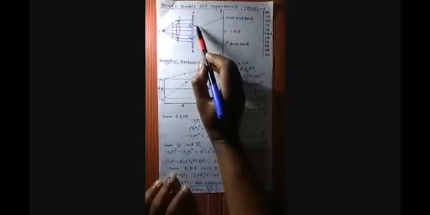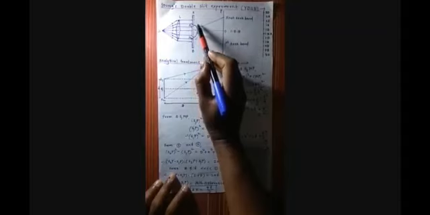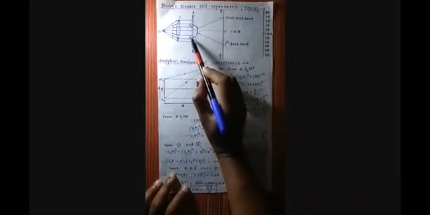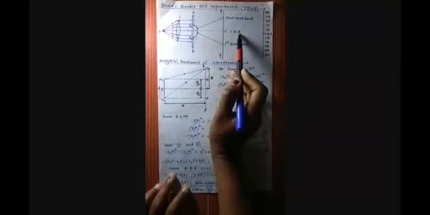Now, for example, if this dotted semicircle represents the crest of the first source and this dotted circle represents the crest of the second source S2, then when the crest of one wave coincides with the crest of another wave, at this point of intersection a bright band is formed.